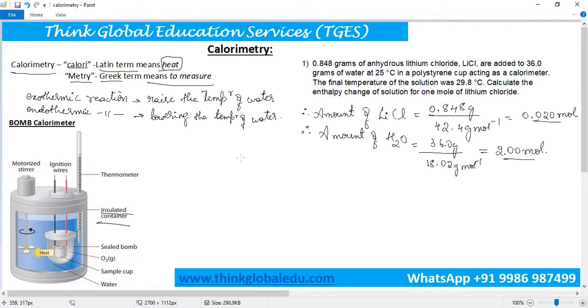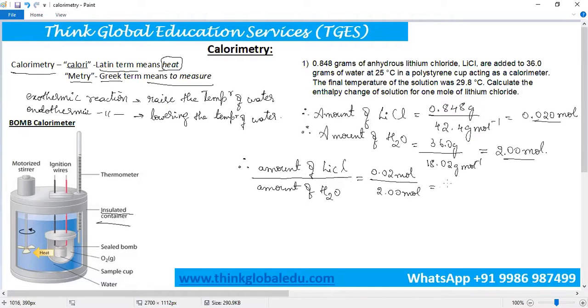So now we have to take the ratio of the amounts of lithium chloride and the water, which will be equal to 0.02 mole divided by 2 mole, that is 0.01.